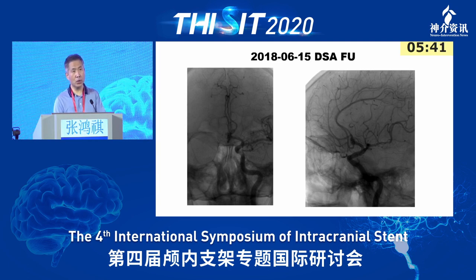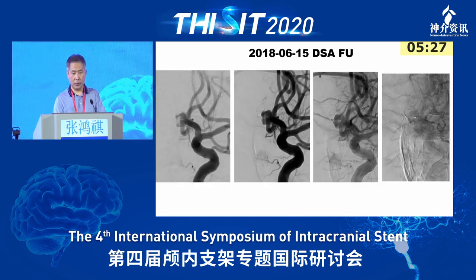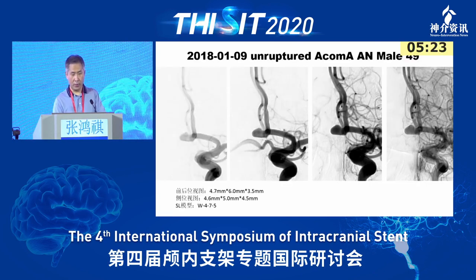But in the future, will the aneurysm be stable or will it grow? Well, if we read overseas reports, we can see that with this kind of aneurysm, the neck is very stable. This is the report of our follow-up.